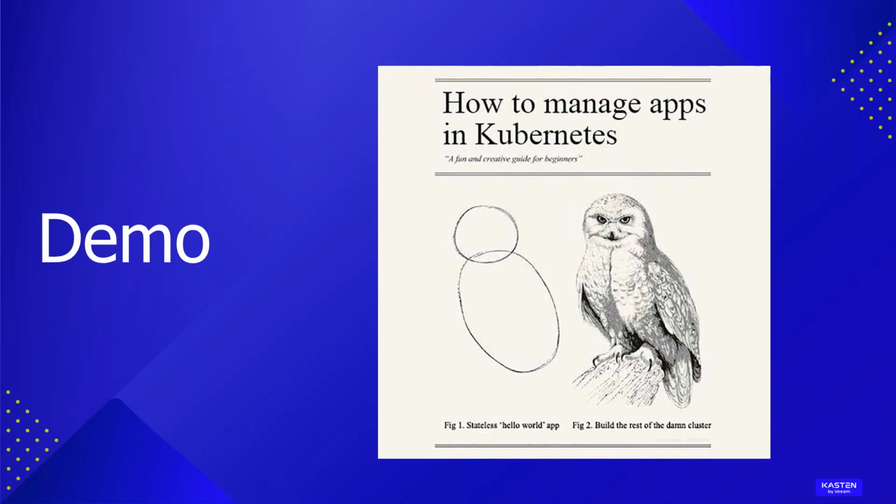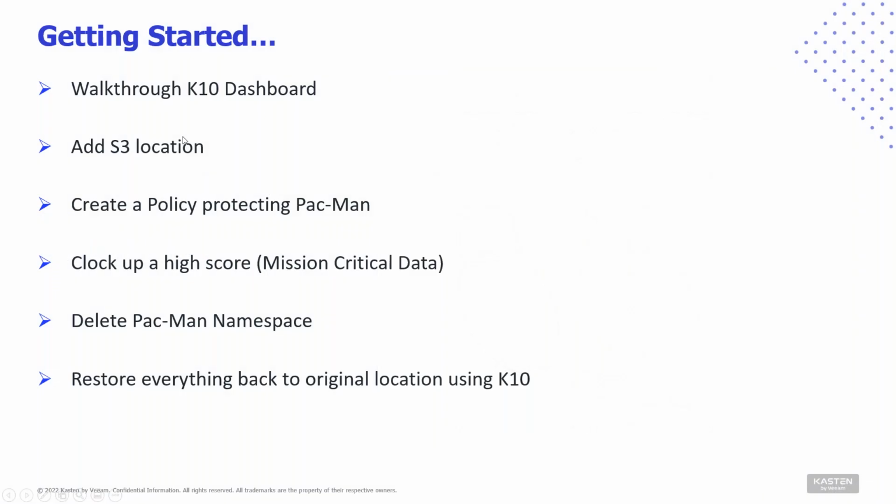Without further ado, we will jump straight into the session to illustrate how we can build Minikube from scratch and all the way to deploying Kasten K10 and some application services. Once we get through, we will walk through the K10 dashboard.